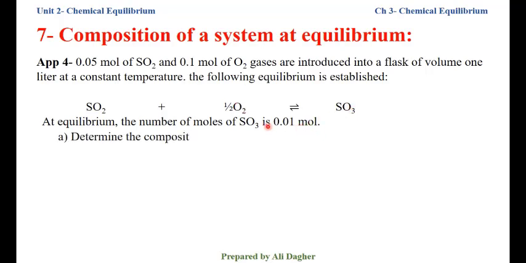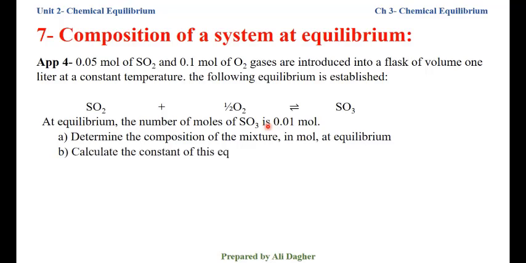A. Determine the composition of the mixture in mole per liter at equilibrium. B. Calculate the constant of this equilibrium, Kc. Okay, we have 0.05 mole of SO2 and 0.1 mole of O2 initially, and at equilibrium 0.01 mole of SO3, and the volume equals 1 liter.